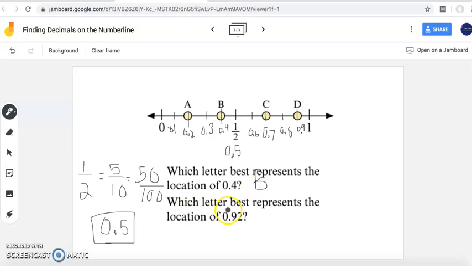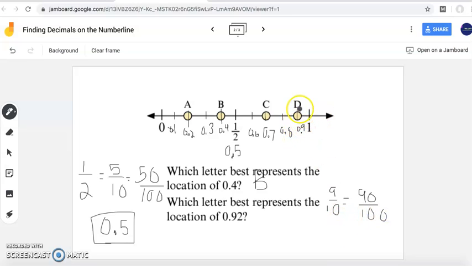Now it says, which letter best represents the location of 92/100? I don't see 92/100 on my number line, but I do see 9/10, which I know is equivalent to 90/100. And 90/100 is really, really close to 92/100.